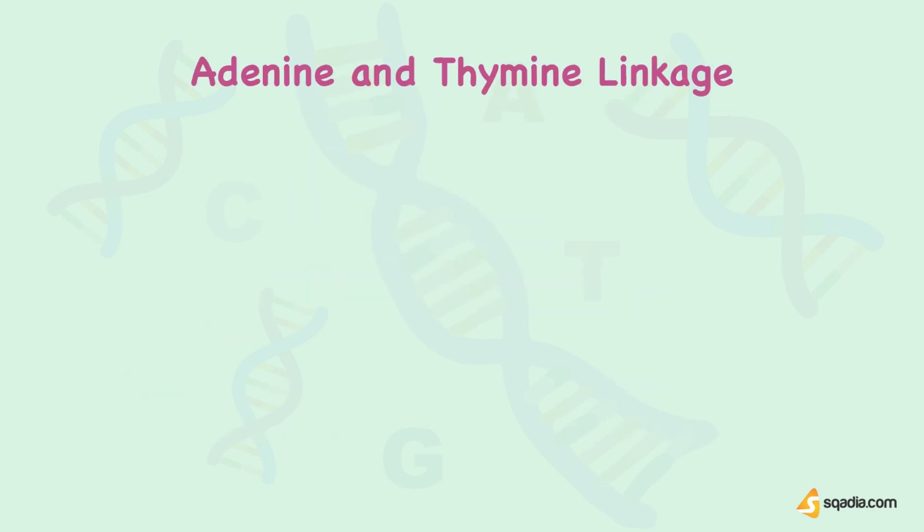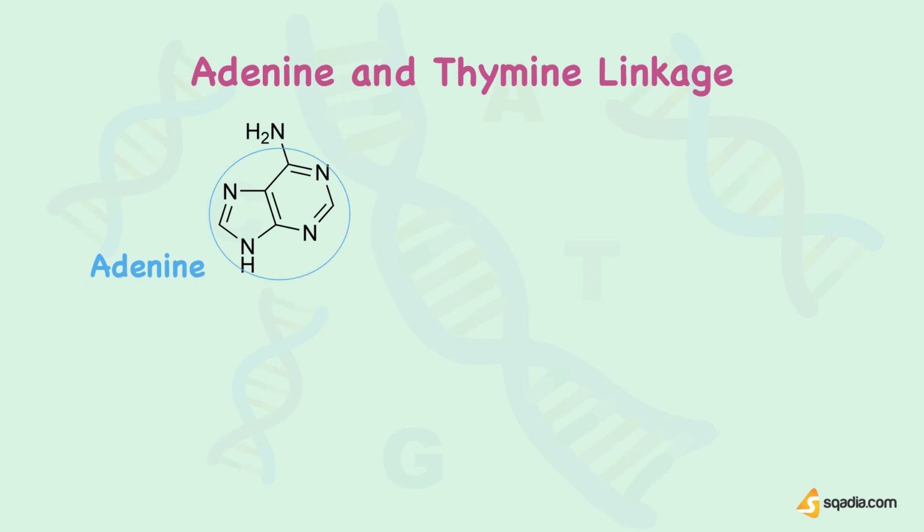Here is the structure of adenine. Adenine is a purine, so here is a purine ring and there will be ammonia attached on one side. Adenine is supposed to bond with thymine, so let us look at its structure as well.